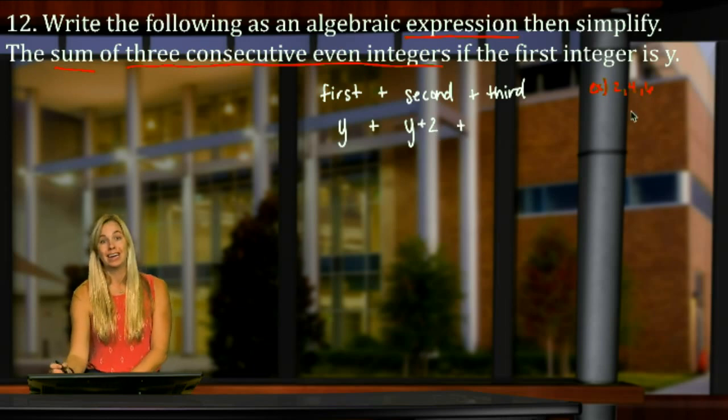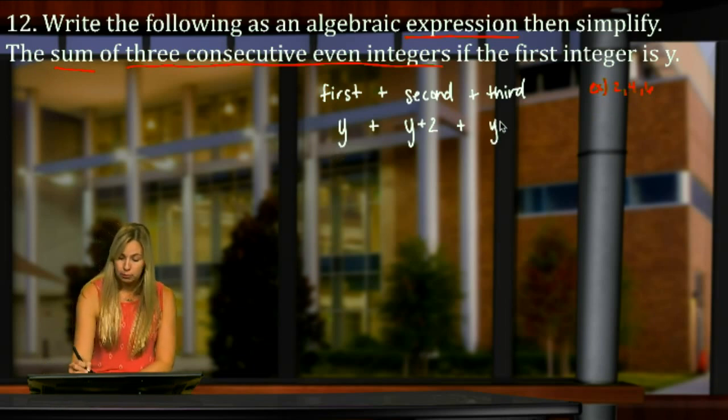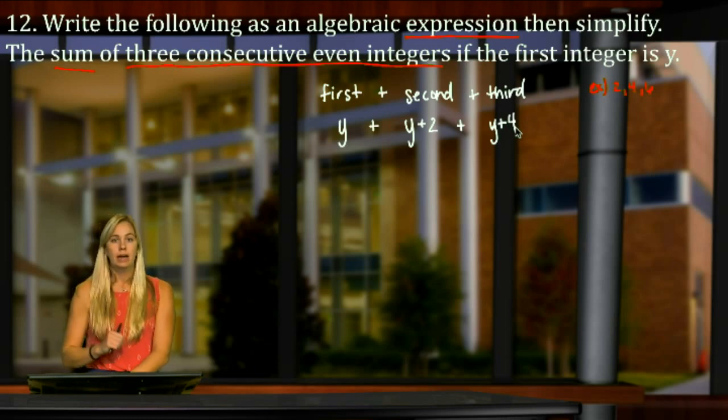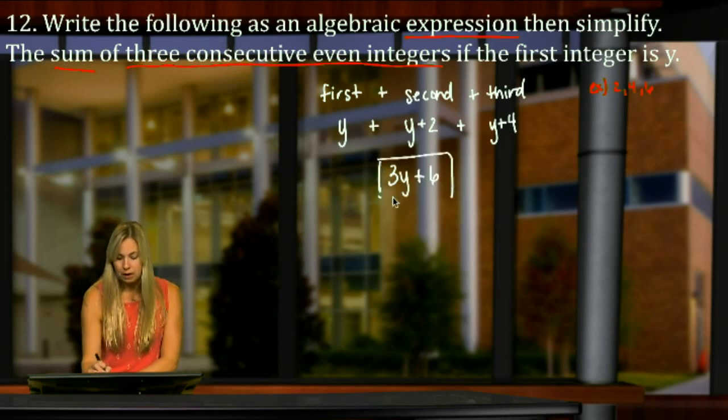For the third number, again, looking back at my example over here, I've got to go from 2 to 6. How did I get from 2 to 6? I added 4. Since I started with y, my third number is going to be represented with y plus 4. Now we simplify. We have 3y plus 6, and that is our algebraic expression.